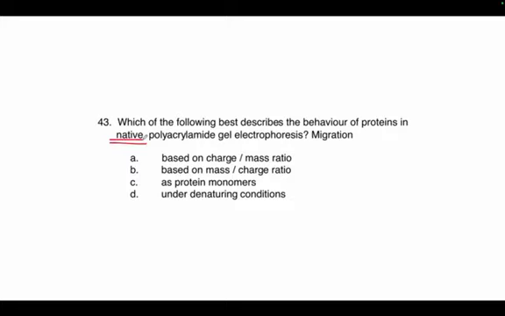So migration is going to happen based on its mass to charge ratio. It is going to retain whatever assembly it has. If it's a dimer, trimer associated with different proteins, that assembly is going to be retained, because we are not using denaturing conditions in this.